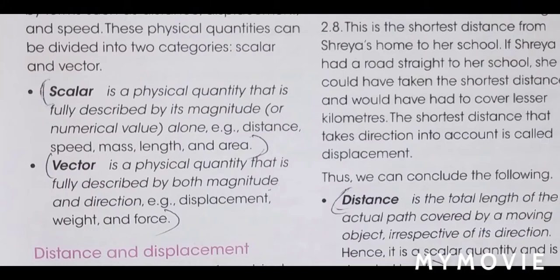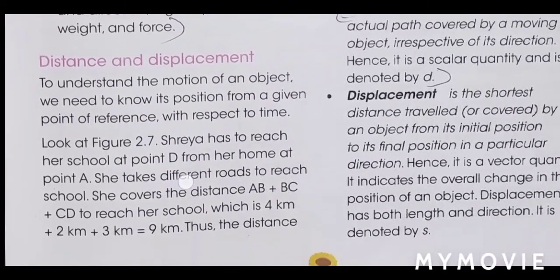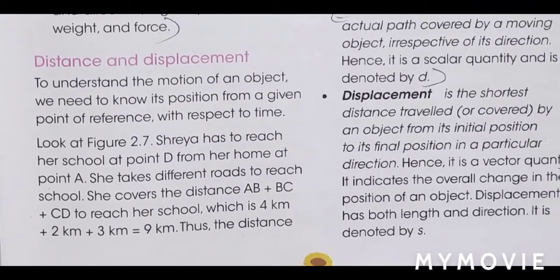Now another part, distance and displacement. So here, what is distance first? It is the total length of the actual path covered by a moving object irrespective of its direction.